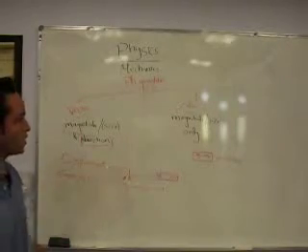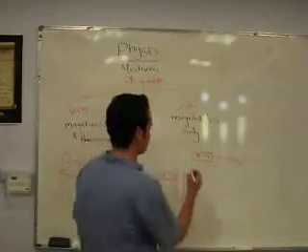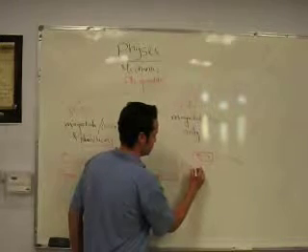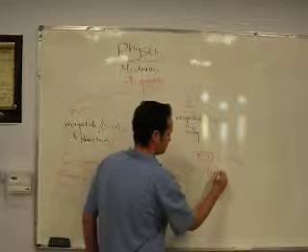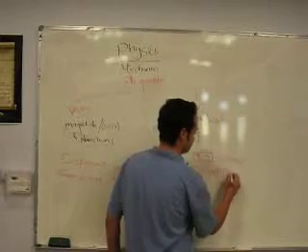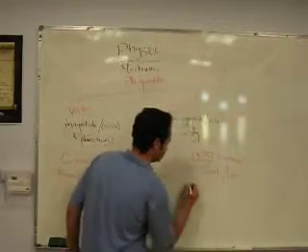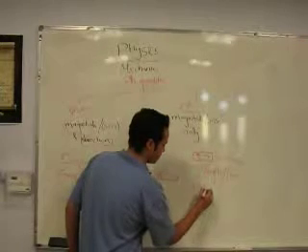Other examples for scalar quantities: we have the mass, the length, the time, the speed, and work.